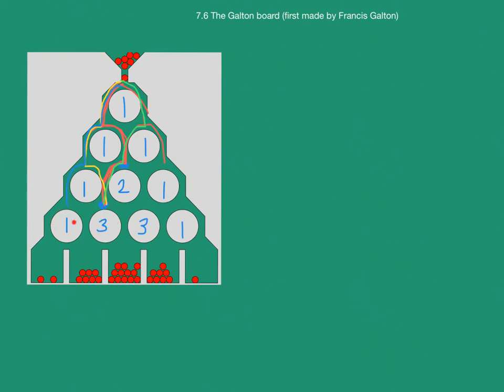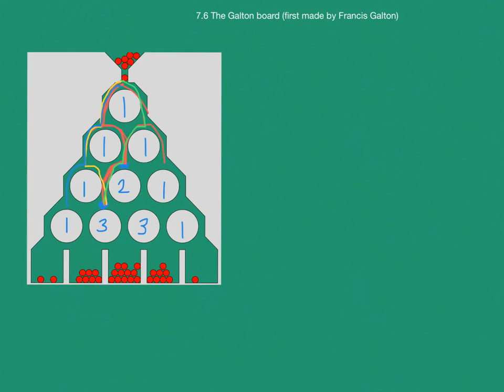There's only one way of getting to this peg, so there's a greater chance that the ball is going to fall down this way. And that's what we see in Pascal's triangle as well. So closer to the middle, the numbers are higher, and closer towards the edge of the board, you have all these ones and lower numbers.